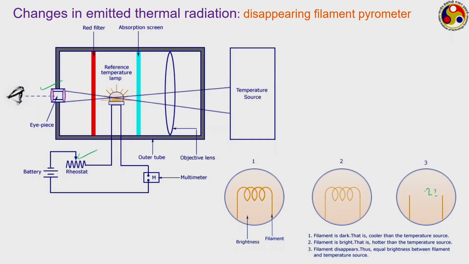So, it must be at a temperature higher than the source, and if both temperatures are exactly equal, then as you can see, where is the filament? Where is the filament here? The filament has vanished or disappeared. So, the temperature at which this particular observation is made should be equal to the temperature of the source. So, this is called a disappearing filament pyrometer or vanishing filament pyrometer.